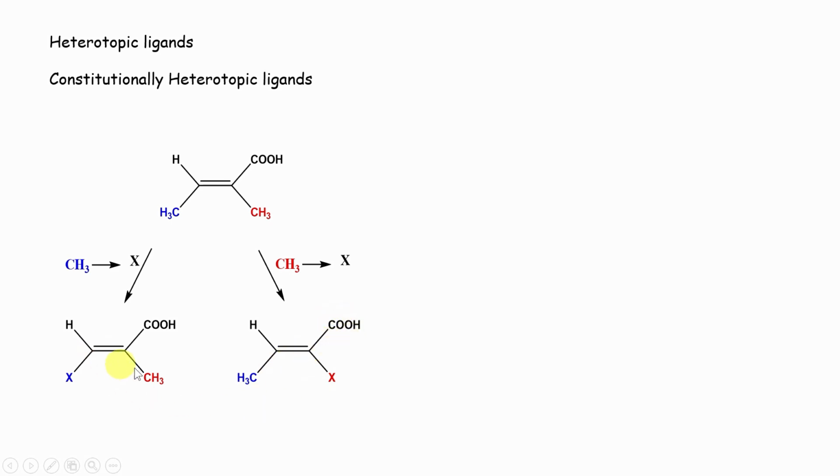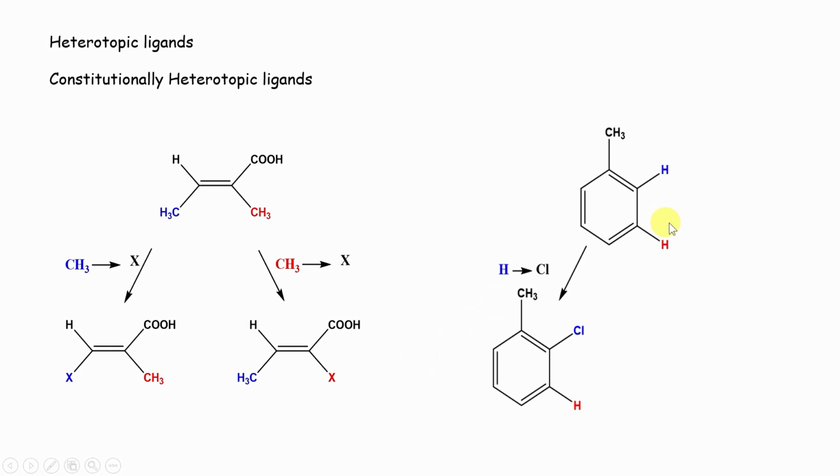They are constitutional isomers. Similarly, in toluene, when this blue hydrogen is replaced by chlorine, we will get ortho-chlorotoluene, whereas this red hydrogen, on replacing with chlorine, we will get meta-chlorotoluene.